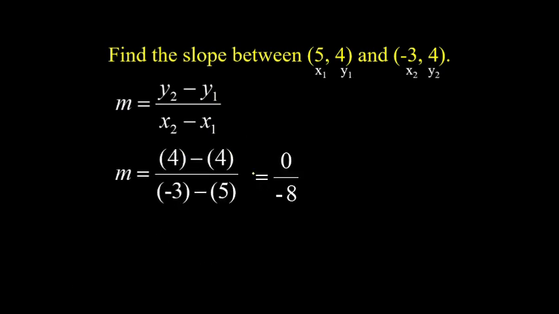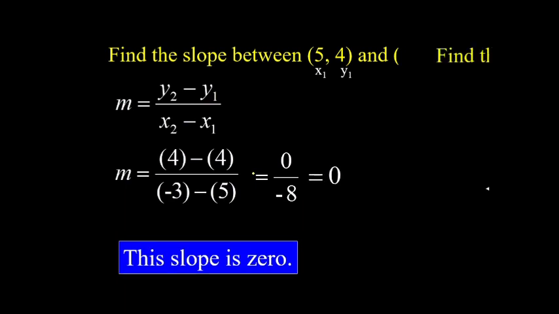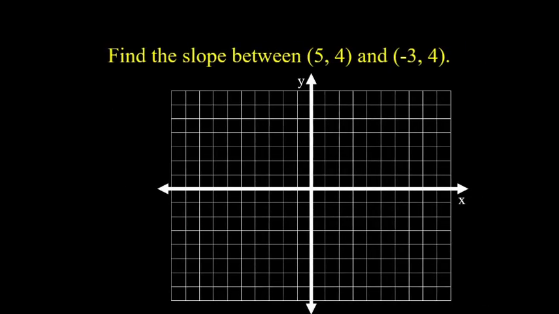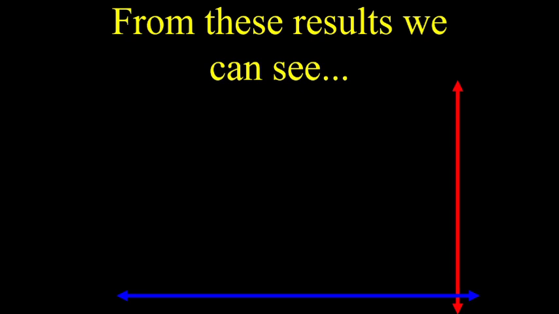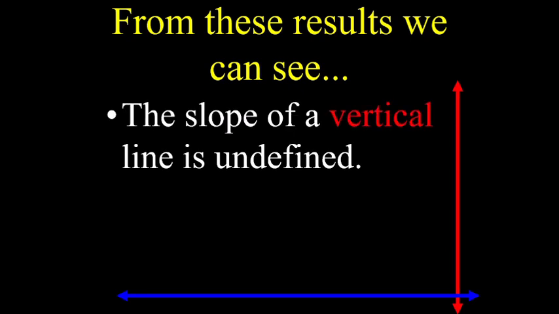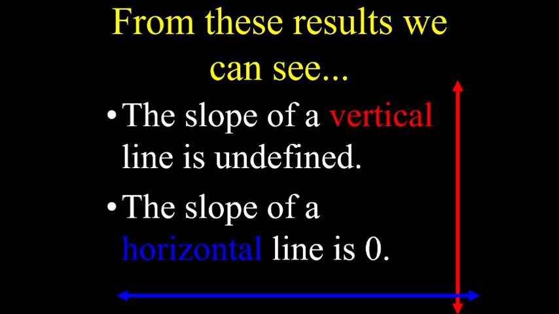Pwede kaya? Pwede. Pwedeng maging 0 ang numerator, wag lang ang denominator. So, paano pong itsura na slope kapag 0 slope? Horizontal straight line. So, 0. From these results, we can see the slope is vertical, the line is undefined. The slope of a horizontal line is 0.